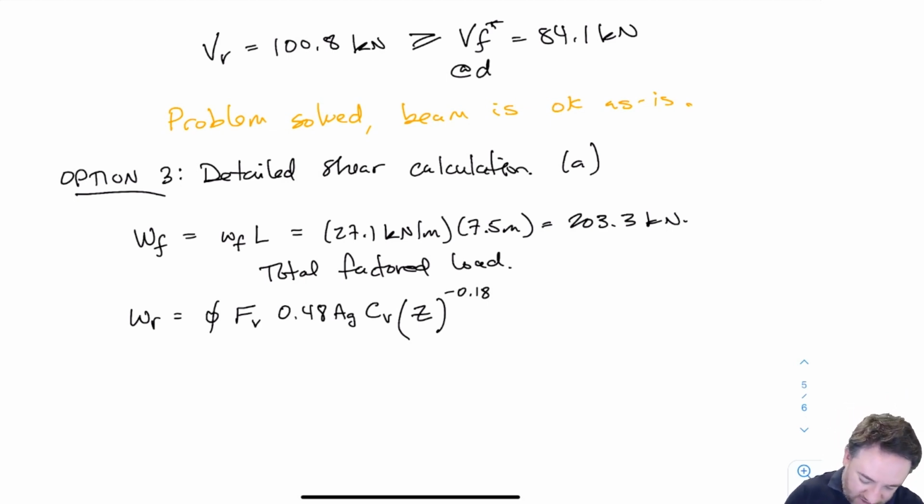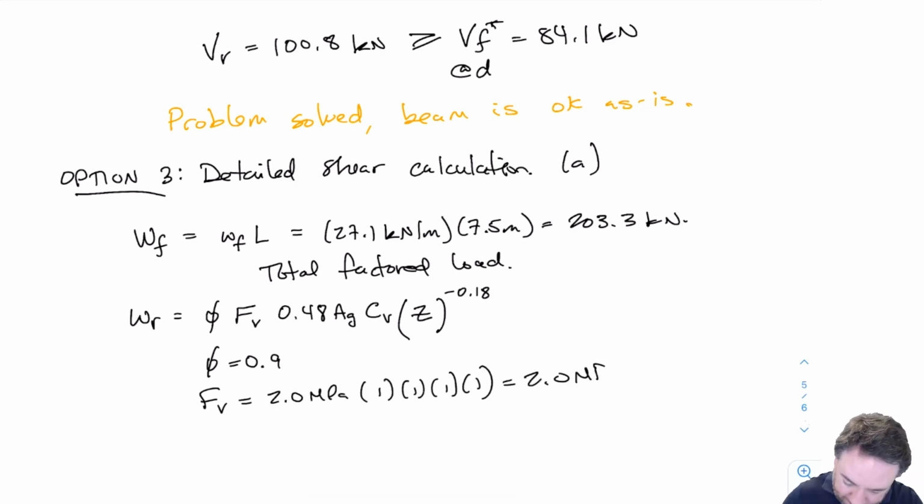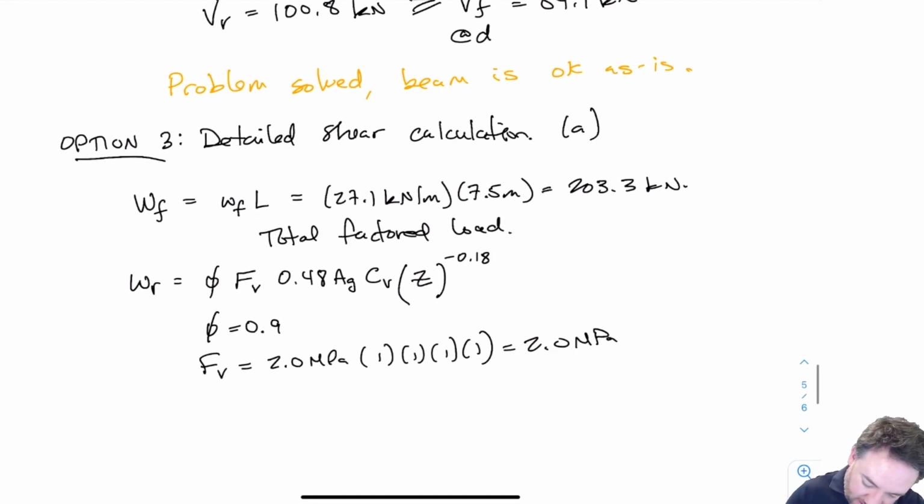Okay, so our phi is the same, which is 0.9. Our capital FV is equal to 2.0 MPa times 1 times 1 times 1 times 1. Okay, then our AG we calculated before, which was, I never actually gave what the actual value is.